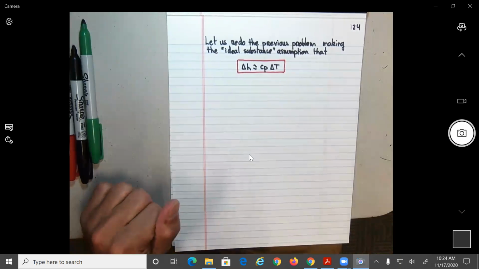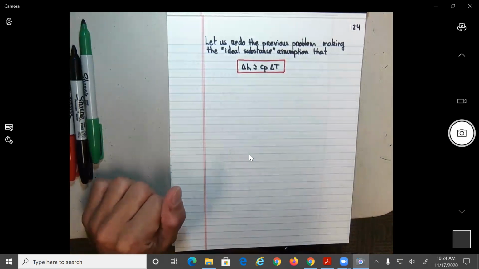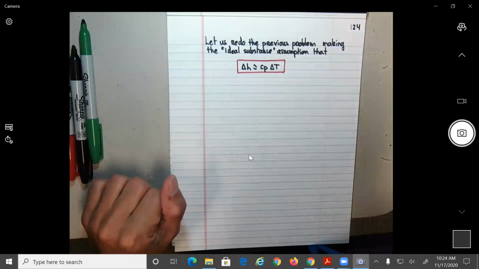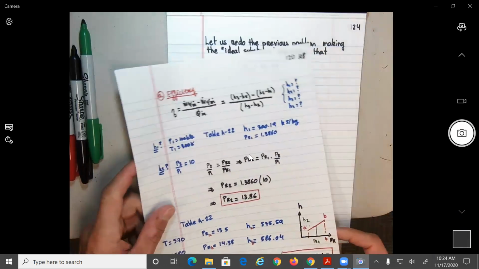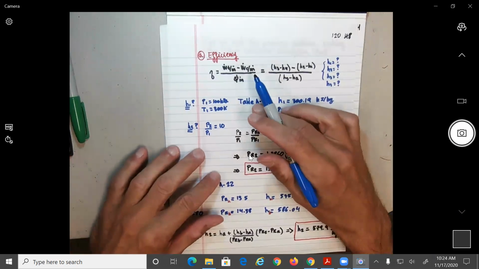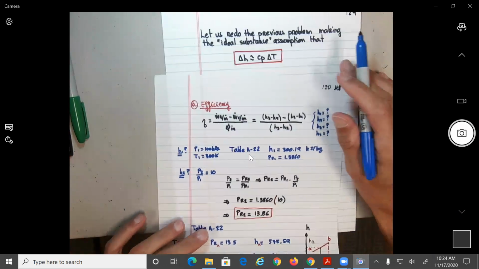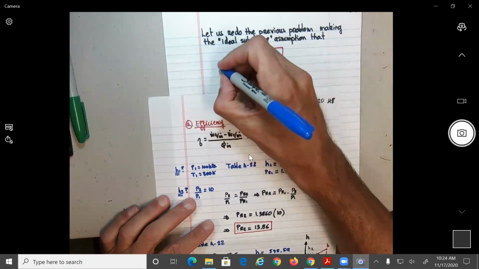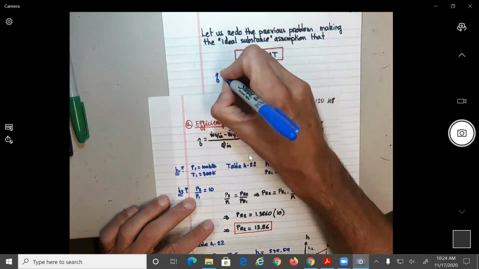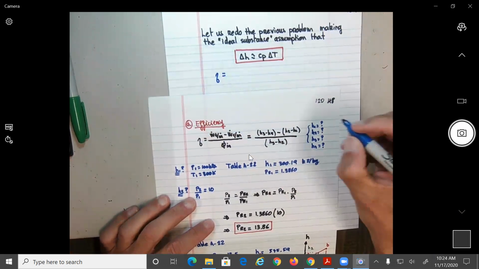what would that mean? So for example, if we had at the beginning of the problem the efficiency, so if we rewrite the efficiency with that assumption, what would we have? The efficiency should be equal to what?